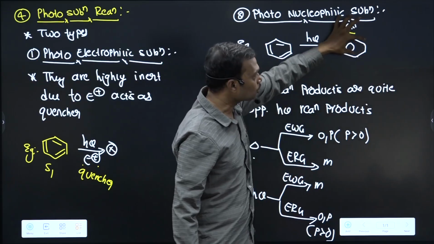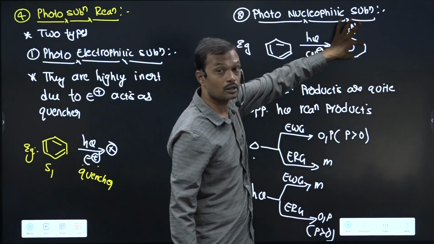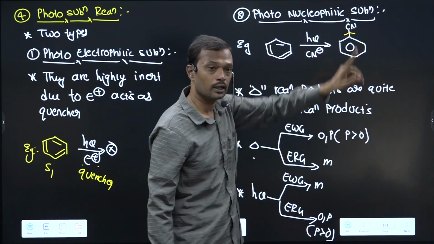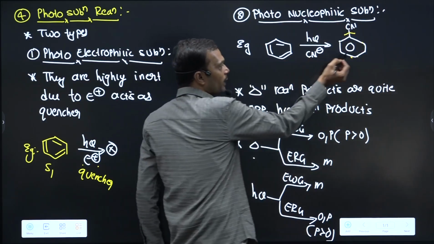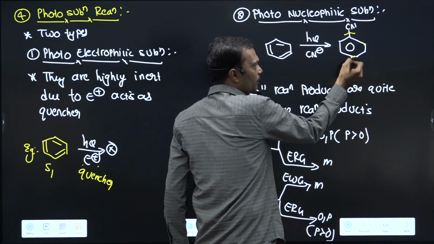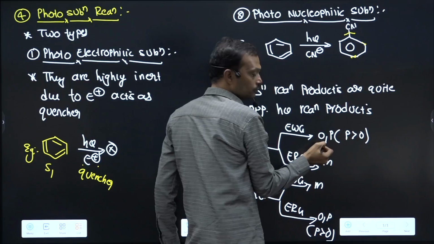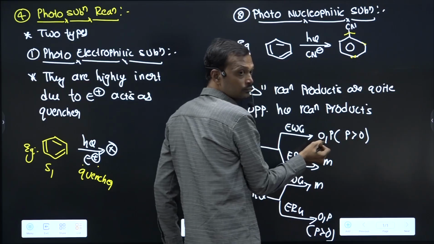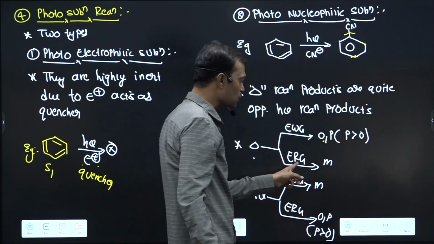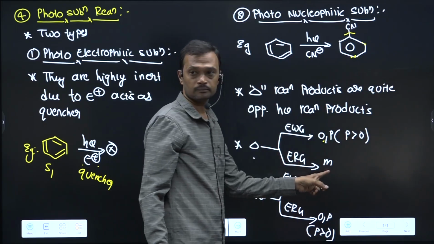So ortho and para carry less electron density because it is taking that electron density. Then the incoming nucleophile is going to be added either ortho or para, and para is predominant over ortho. Suppose any donating group is present on benzene, it is a meta director.